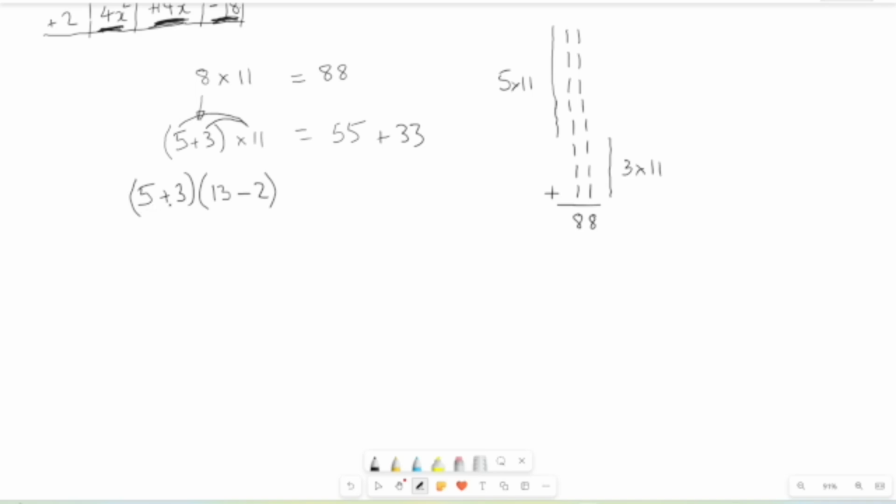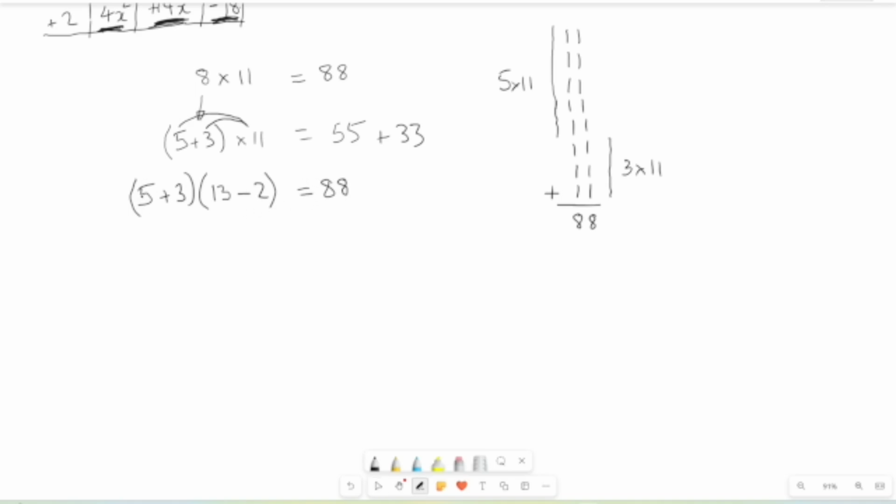So what we're saying here is we know this answer has got to equal 88, because after all, 5 plus 3 is 8, and that's being multiplied by something in this bracket that equals 11. And 8 times 11 is 88, so this has got to be true.